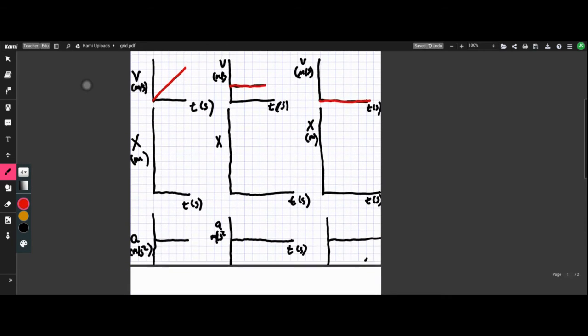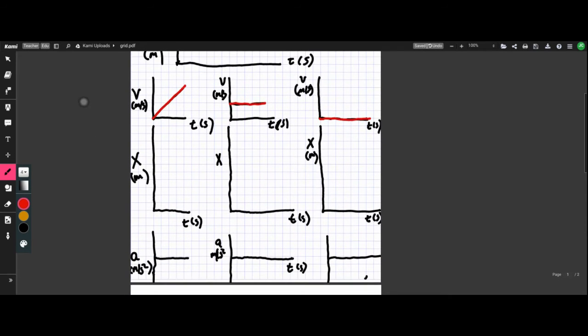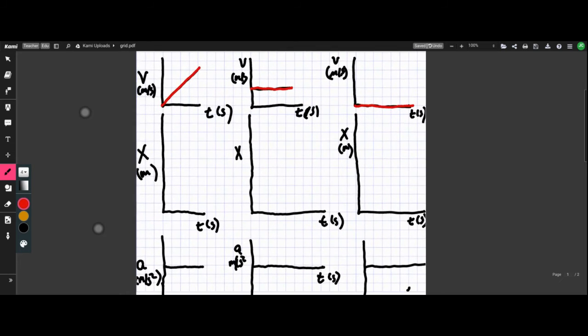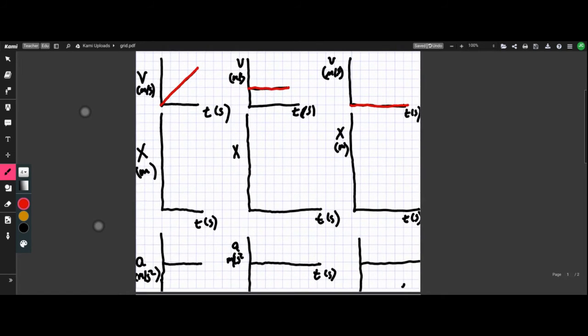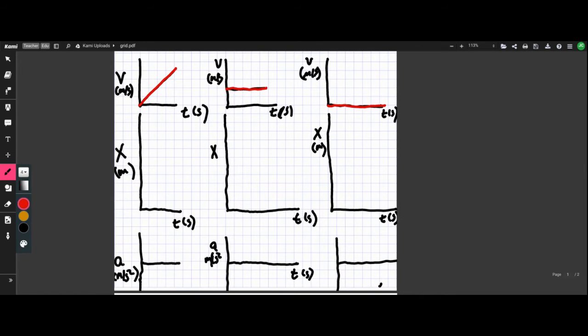So here I have a position versus time graph, and I'm trying to draw a position versus time graph from a velocity versus time graph. To get a position versus time graph from a velocity versus time graph, I need to take the area.